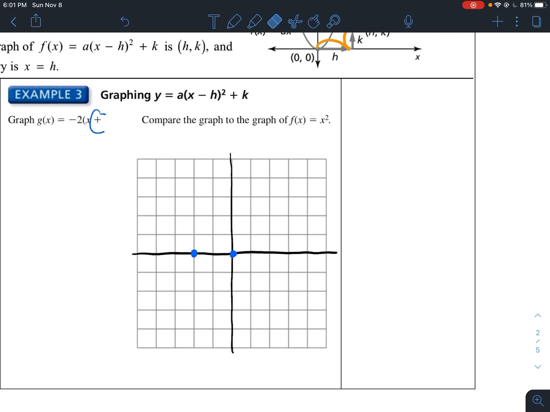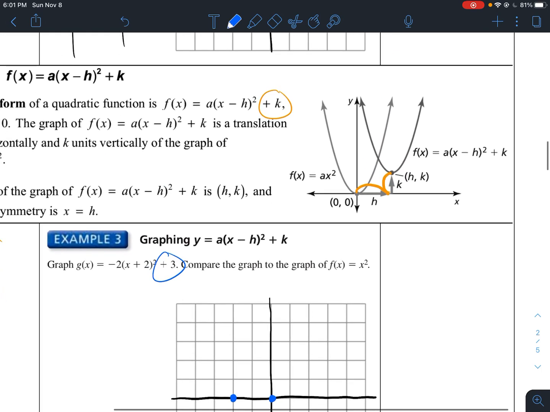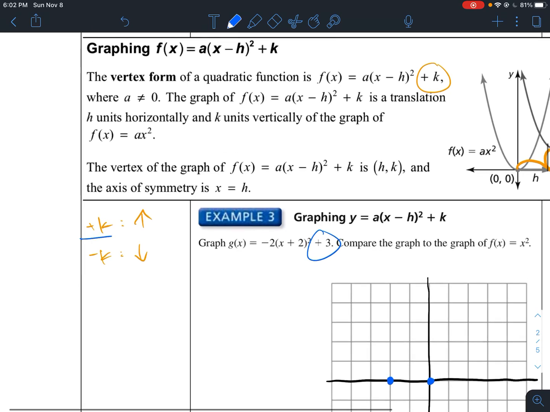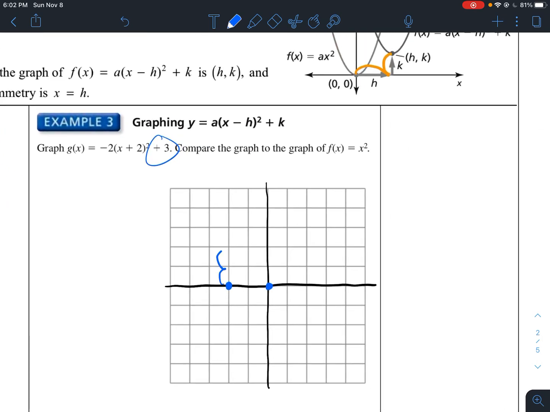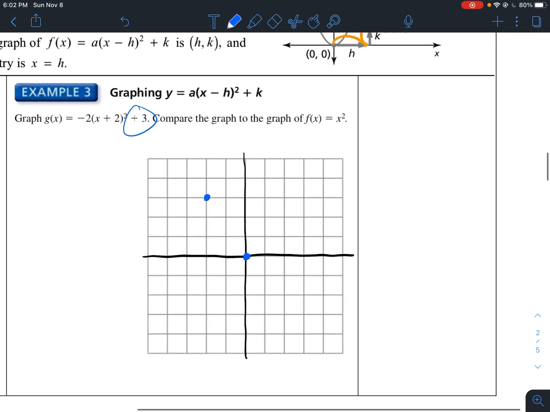And then we have plus 3 on the outside, so that means it's plus k, so we go up. So 1, 2, 3, so right there. So that's where the vertex will be, no longer at the origin.